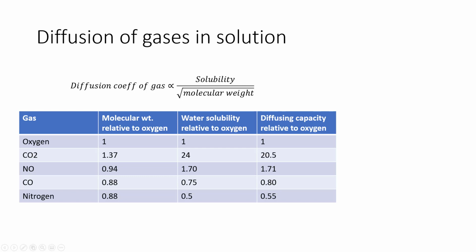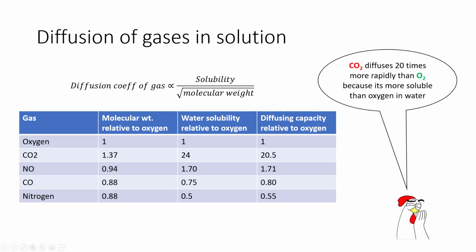This table shows the diffusion coefficient of different gases when compared to oxygen, and you can see that carbon dioxide is 20 times more diffusible than oxygen, because it is more water soluble. Other gases like nitric oxide also have higher diffusing capacity because they are more water soluble. However, gases like nitrogen and carbon monoxide, which have lower solubility, have slightly lower diffusion capacity.